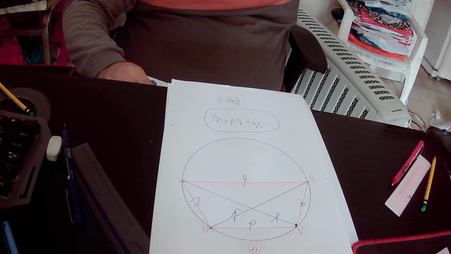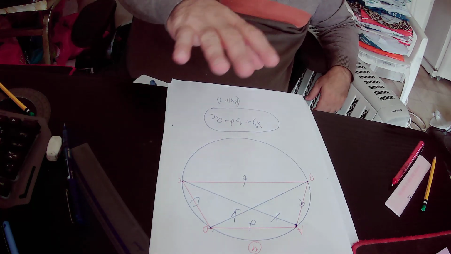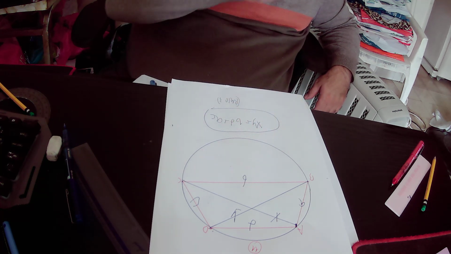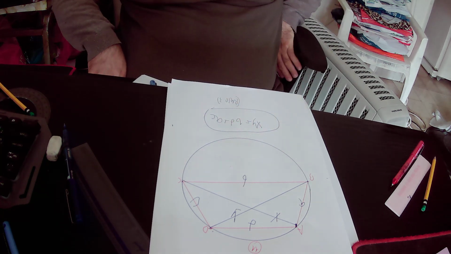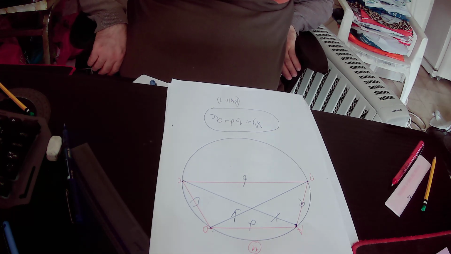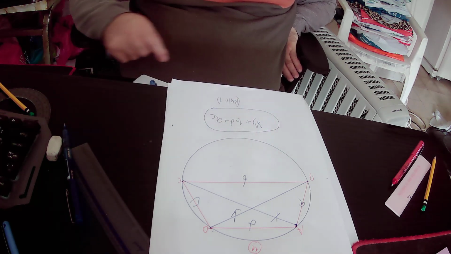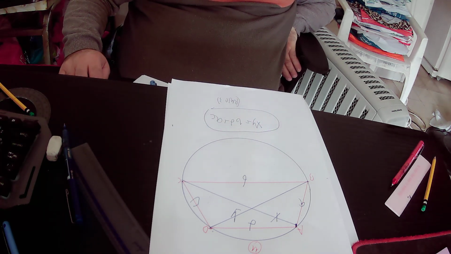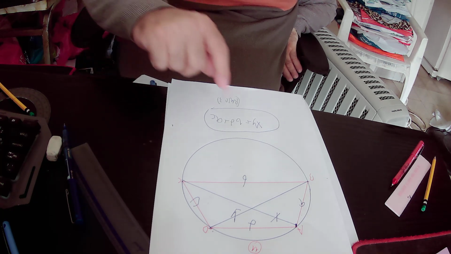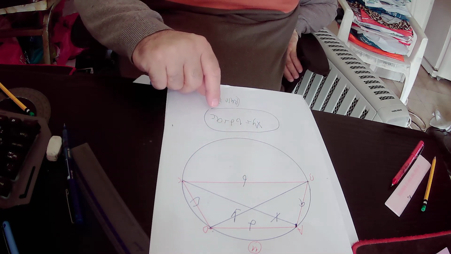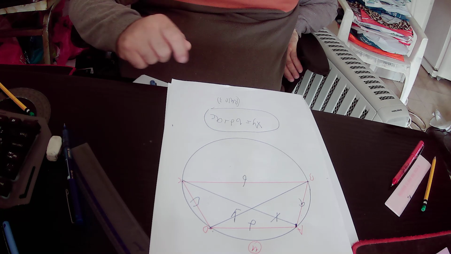If we have any quadrilateral that is inscribed by a circle, like in this drawing, then the product of the quadrilateral's diagonals, in this case x times y, equals the sum of the products of its opposite sides. The first product of its opposite sides is B times D, and the second product of its opposite sides is A times C.